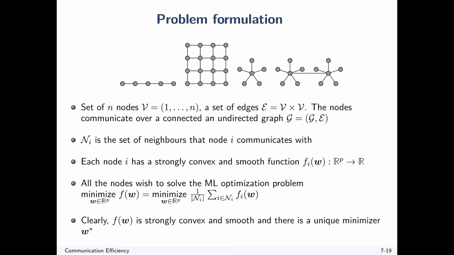And we assume that there are a number of nodes in the network, and every node i also has a number of neighbors, and the set of neighbors of node i is denoted with calligraphic N_i. So here also this function f_i is owned directly at the node i.